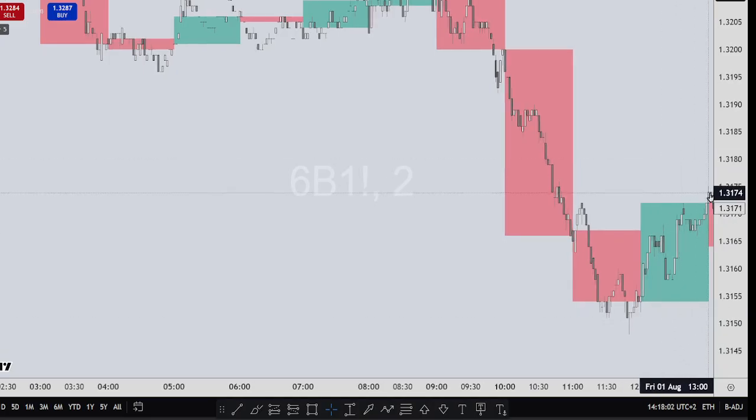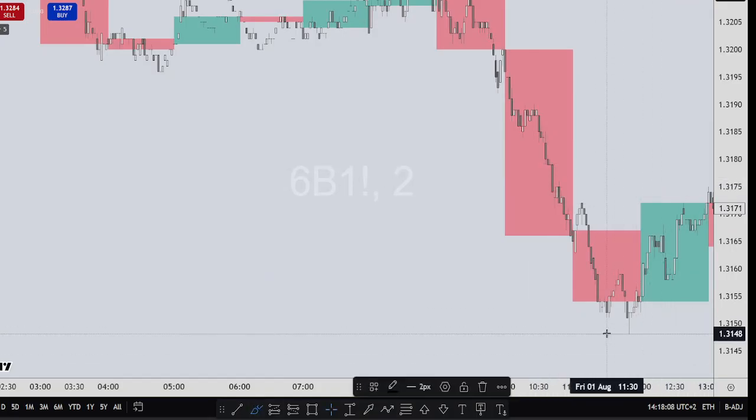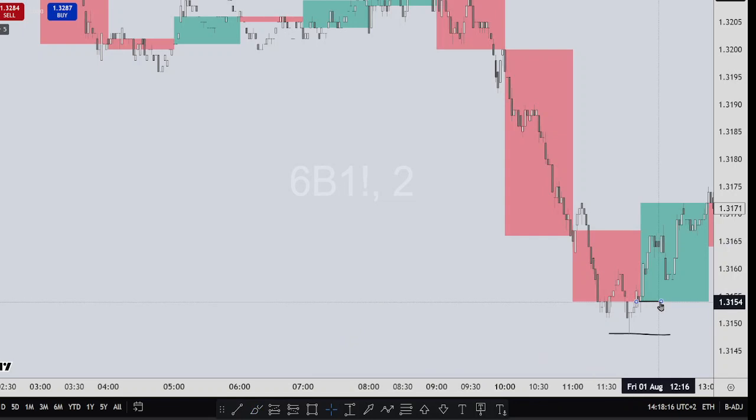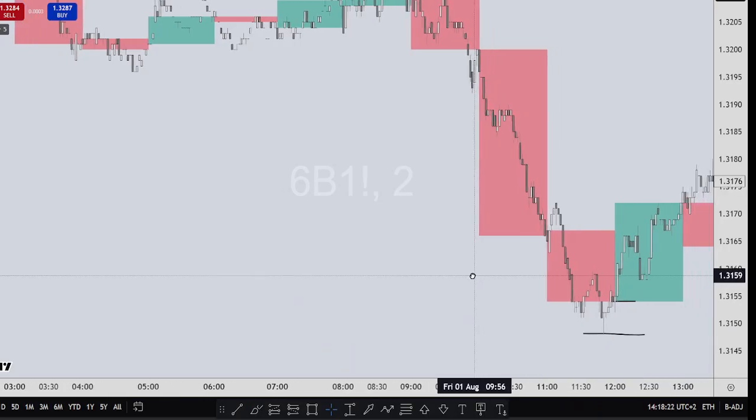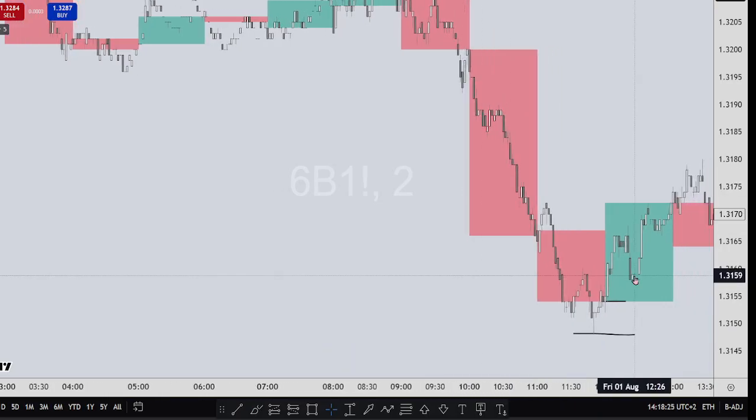Okay, we're above, so we're looking for a reversal in this case, right? We're looking to target this ultimately, or perhaps the low of the level here, right? In all honesty, if I'm targeting this, I'm just gonna lock here and trail, and I'm gonna target this later on. So look at how price moves, boom.